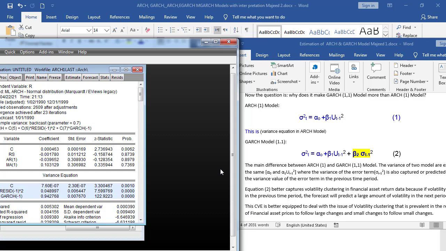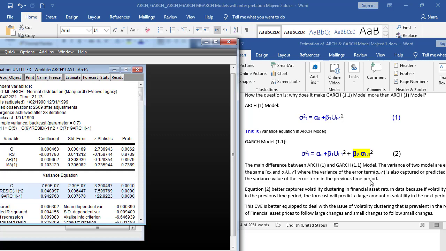When beta 2 is greater than beta 1, this means persistence, meaning the market remains volatile for some days, weeks or months without any reason.